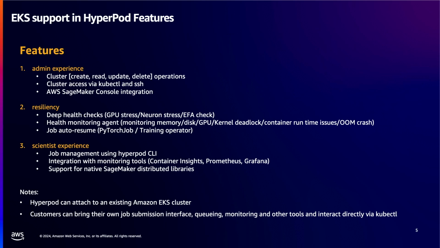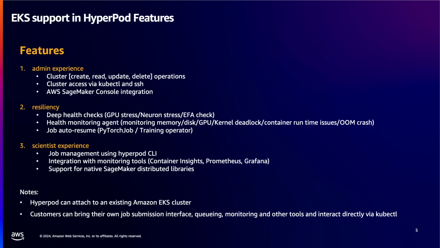And the admin UI experience also includes access from the AWS console through the SageMaker UI. The resiliency feature includes deep health checks, health monitoring that's ongoing while the nodes are in service, and a job auto resume if the running jobs are interrupted due to hardware failure.